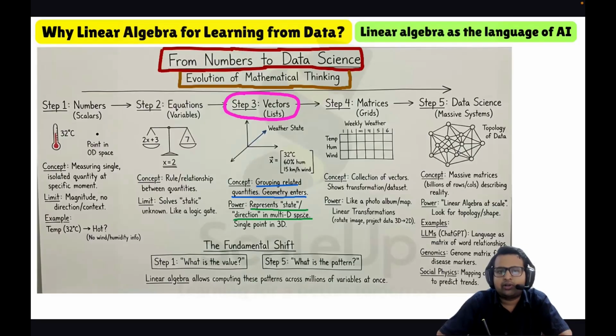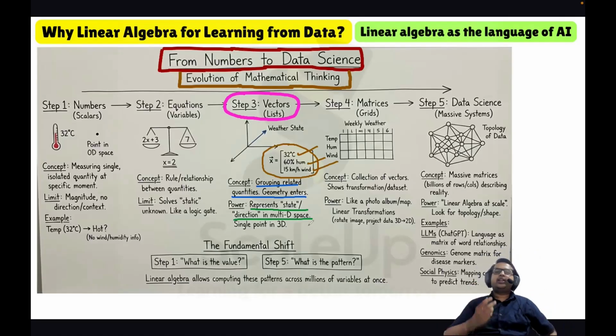That's the power of a vector. Instead of just temperature, a weather station uses a vector, a mathematical object which contains information about the temperature, the wind, and the humidity. So that's the importance of a vector.